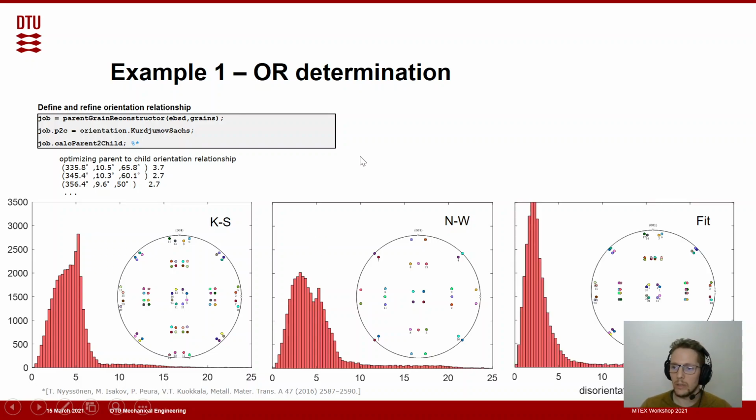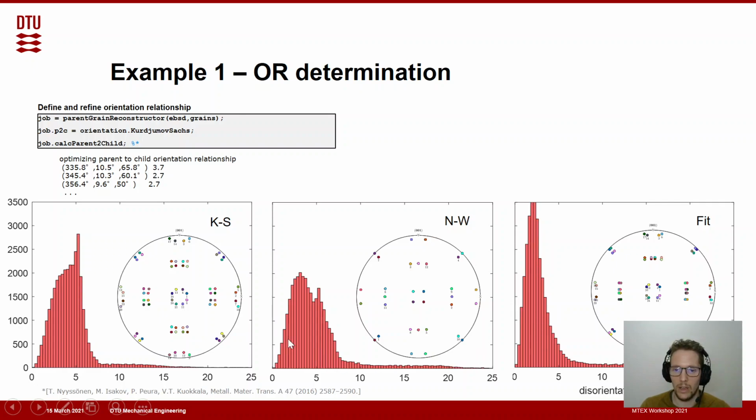So now let's have a look at this fitted orientation relationship. So we use this calc-parent to child to find the experimental orientation relationship. And if we then look at how large is the misfit between the actual boundaries and this experimental orientation relationship, we find that we have a peak at around maybe 2.5 or something. So we can still not completely make this to 0 because there is a spread in the data set of orientations, but this is basically the best we can do.